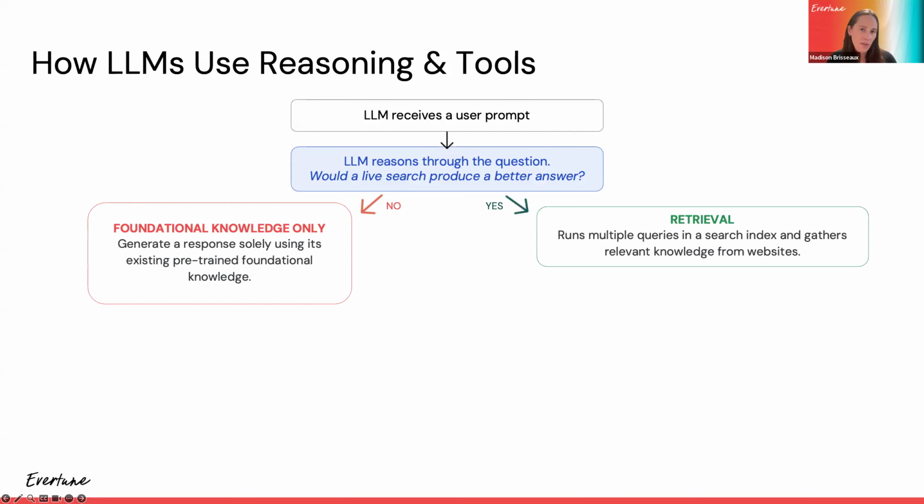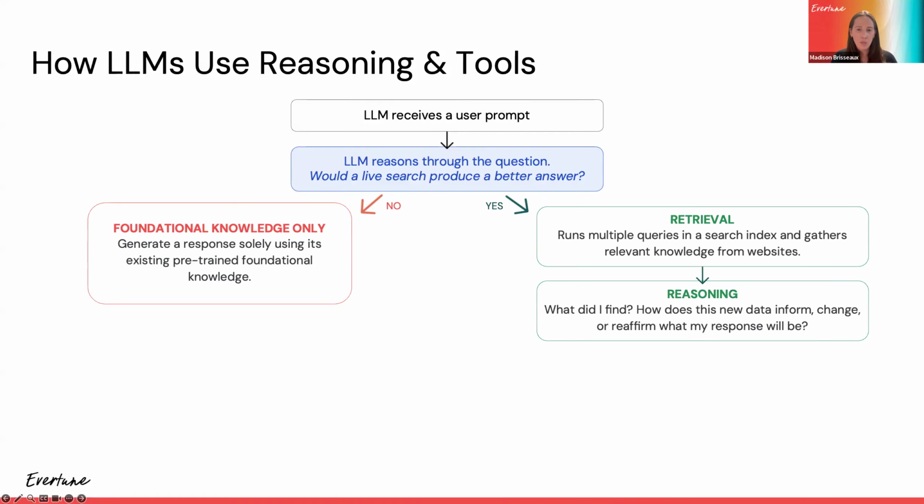If it does think that a live search would produce a better answer, then it will run multiple queries in a search index and retrieve relevant content from websites. It will then reason through what it found and think to itself, how does this new information change or even reaffirm what my answer was going to be based off of my foundational knowledge?